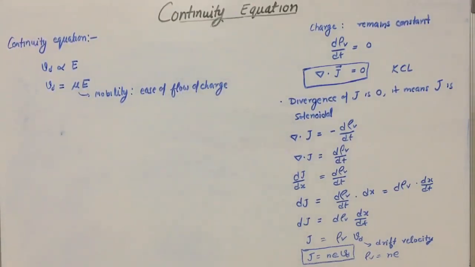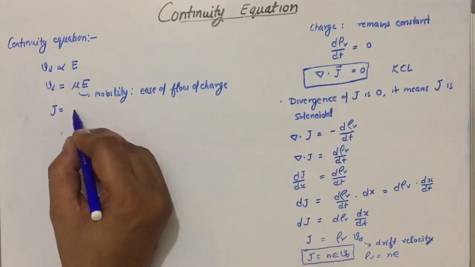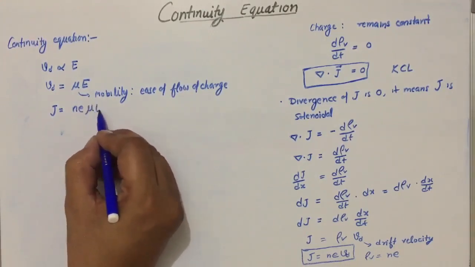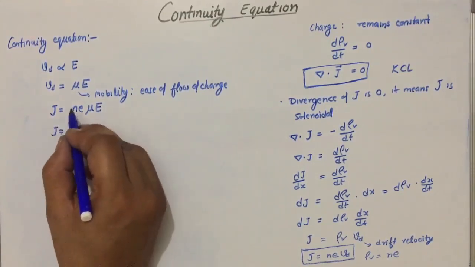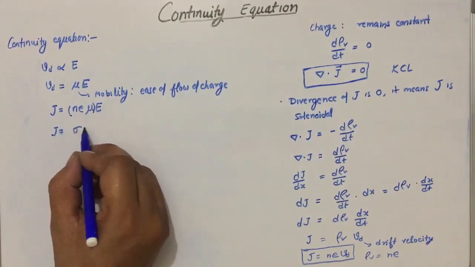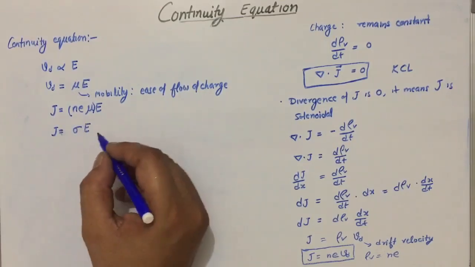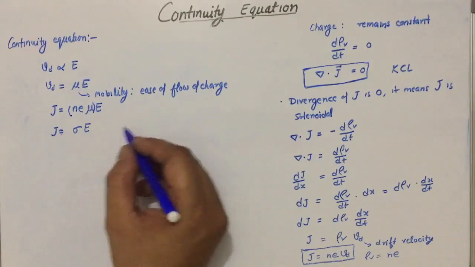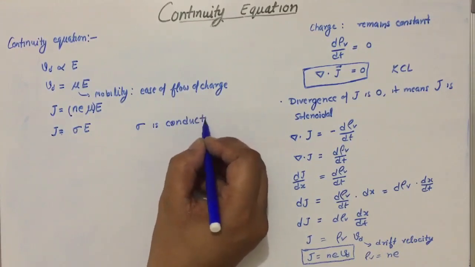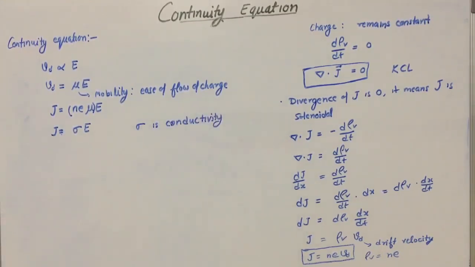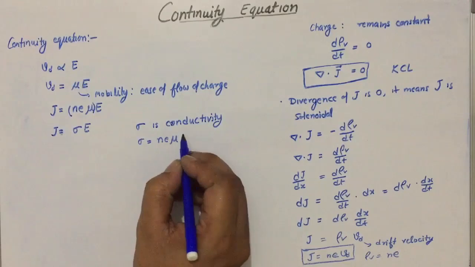So in this way, replace J from here: N e mobility E, and this term is further defined as conductivity. Conductivity is nothing but Ne mu.